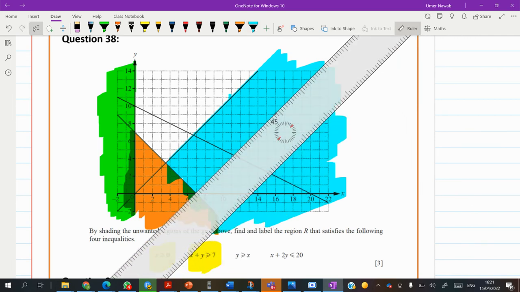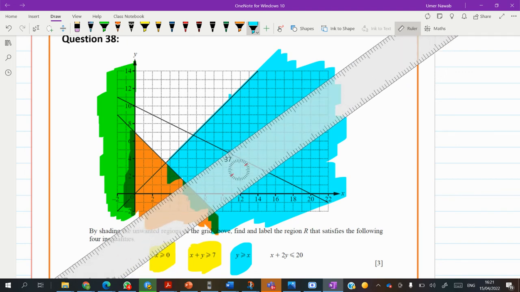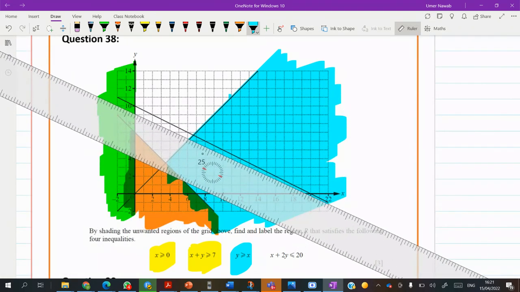Then after that, the last line, whose equation is already drawn, is less than or equal to. So shade the upward portion.